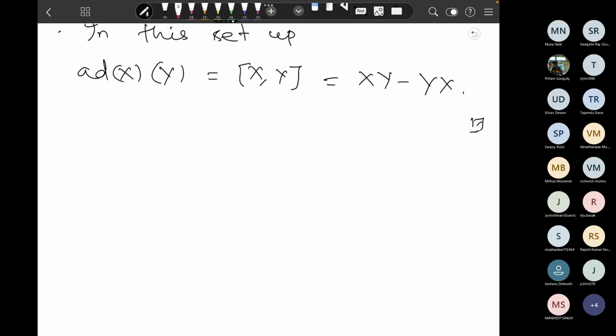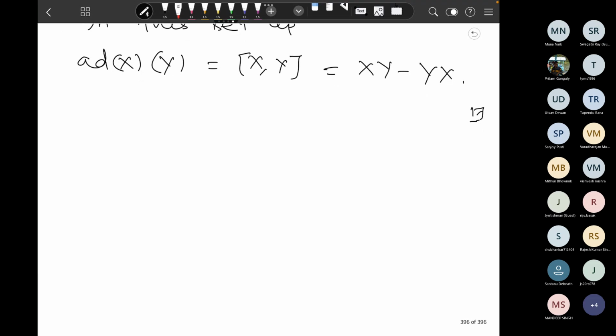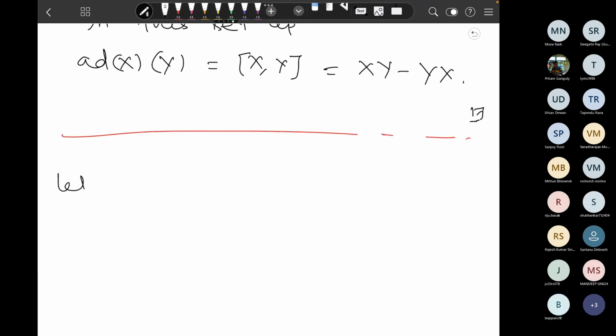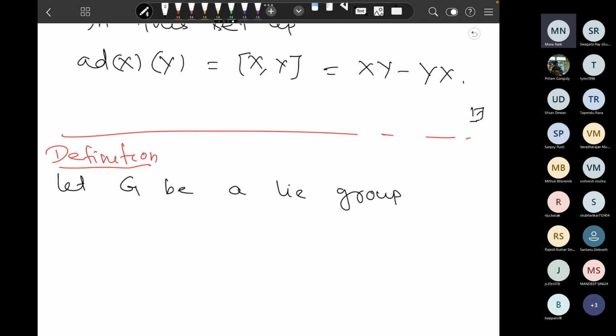Let us start with the definition. Let G be a Lie group with a Riemannian metric Q on it.